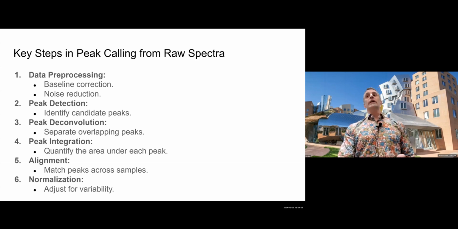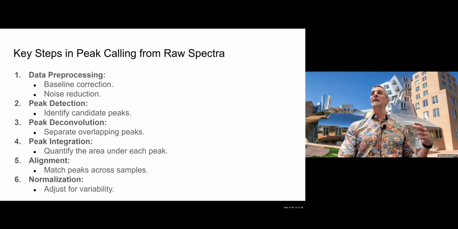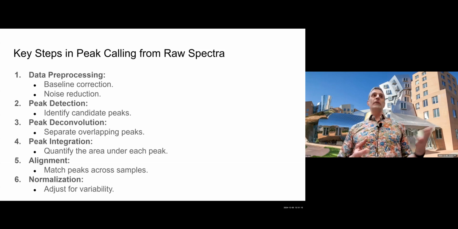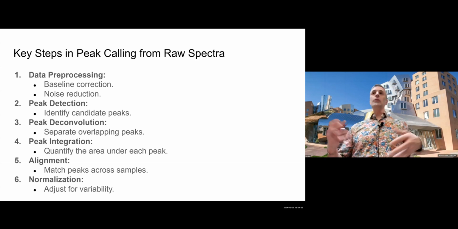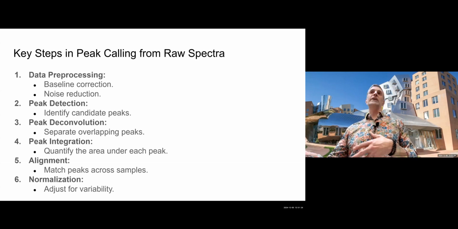And then if we ever want to say anything about this sample besides what's in there, we want to say, is that high or low? Is that more or less than we expected? Which are the molecules that tend to be upregulated versus downregulated in healthy individuals versus, let's say, cancer patients or something like that?